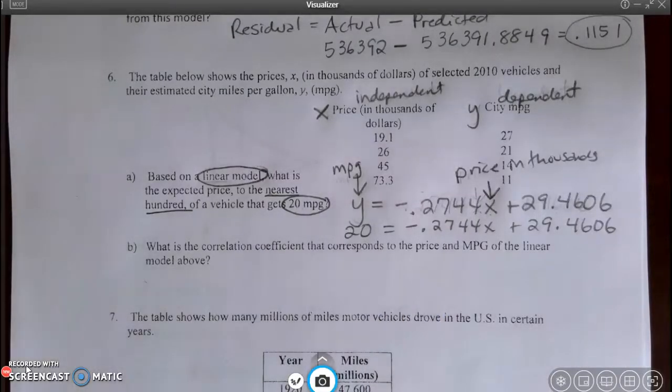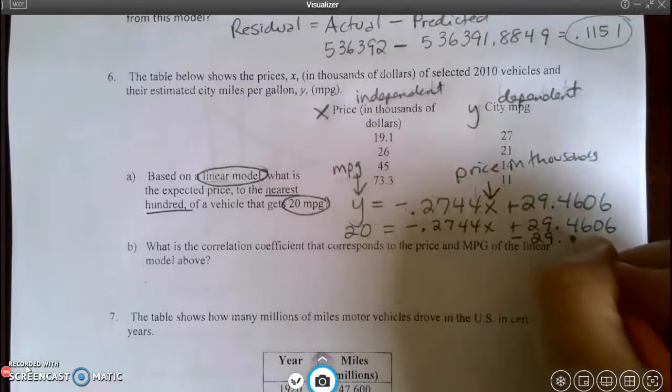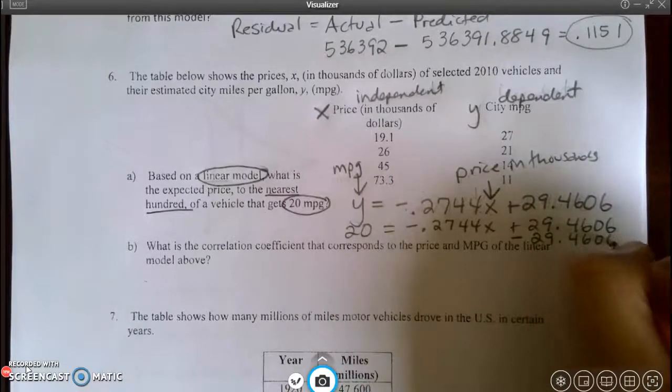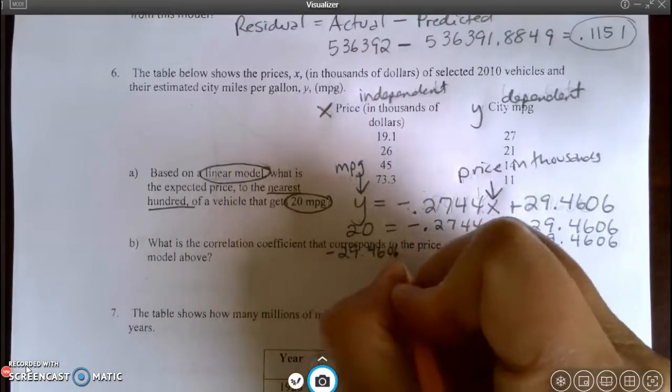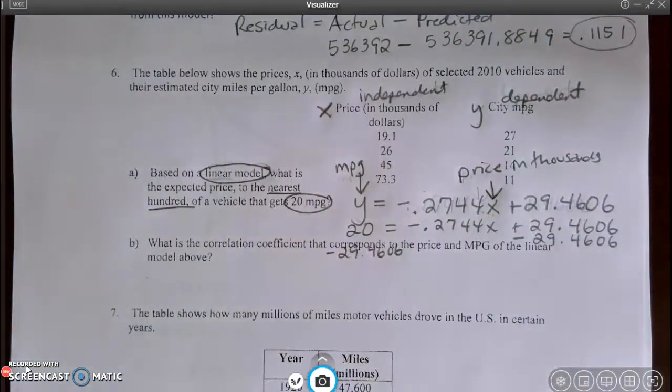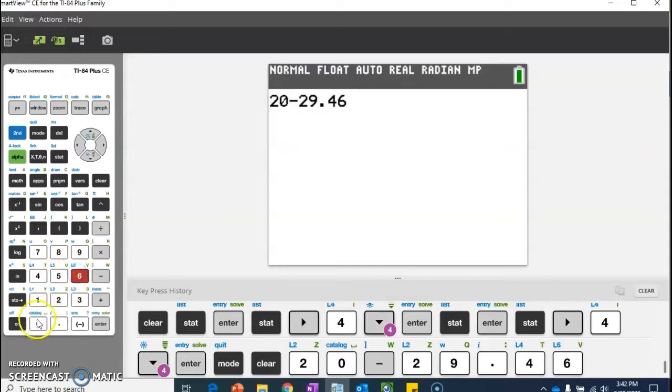I might go into my part B space here a little bit. So the first thing I do to solve this equation is subtract the 29.4606 from both sides. And I'll go to my calculator. So 20 minus the 29.4606.